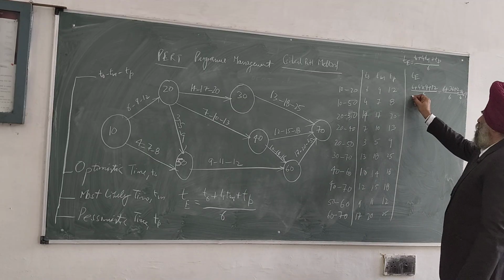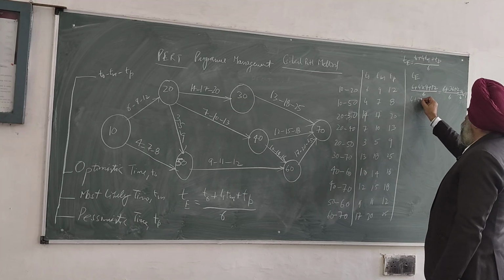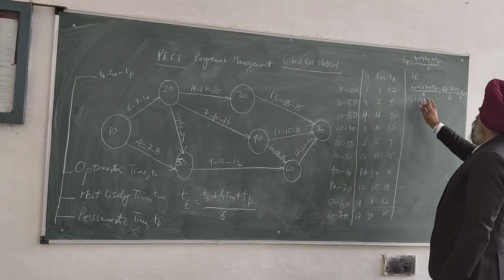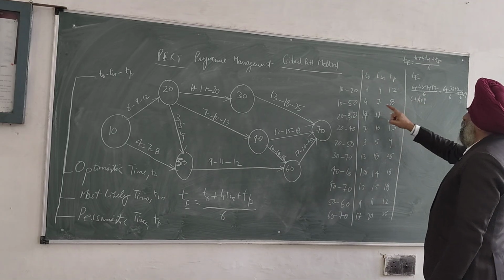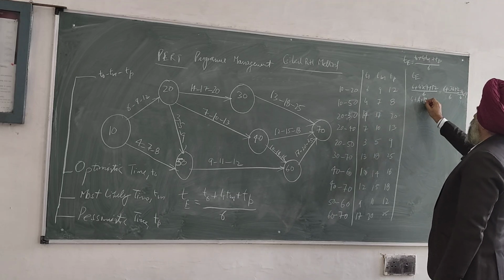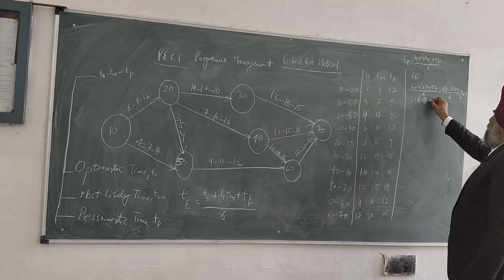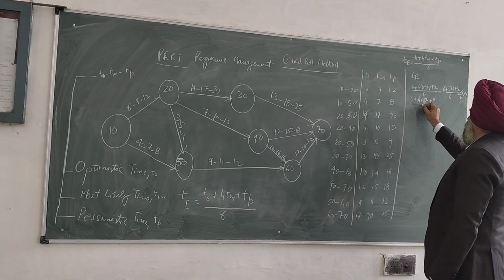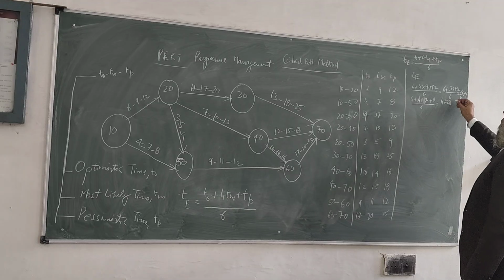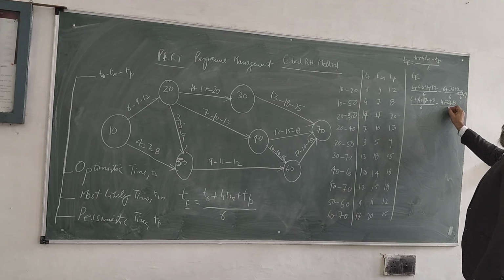Clear? Similarly, 4 is the optimistic time, plus 4 times the most likely time, 7, plus 8, over 6. If you calculate this value, it is 4 plus 28 plus 8 over 6.